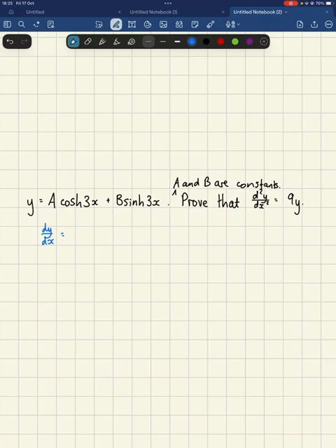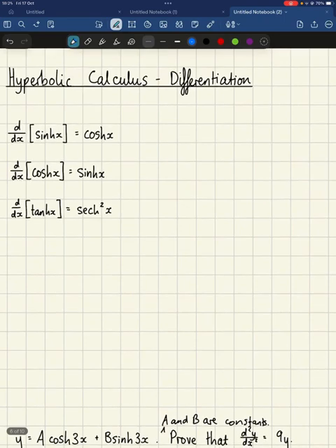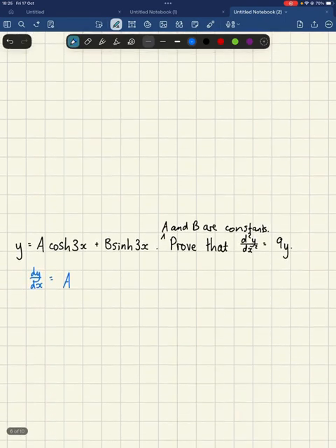So first let's differentiate a cosh 3x. The a is a constant, so it will just stay there. Now to differentiate cosh 3x, the derivative of cosh x is sinh x, and just like in normal trig, if you were differentiating cos of 3x by the chain rule, the 3 would come out because we multiply by the derivative of the inner function, so it would be minus 3 sin 3x.